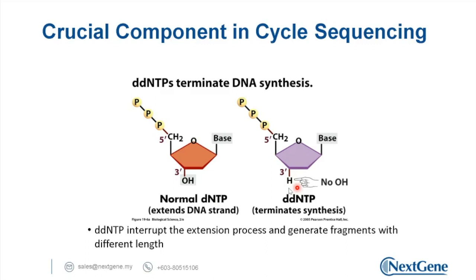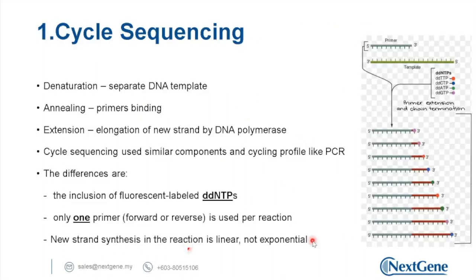So the ddNTP removes the O, and the ddNTP without the O will interrupt the extension process and generate fragments with different lengths, as shown here. Whenever a ddNTP is incorporated, the fragment extension will stop. Therefore, we have fragments of different sizes generated, and in one single fragment there will be only one ddNTP.